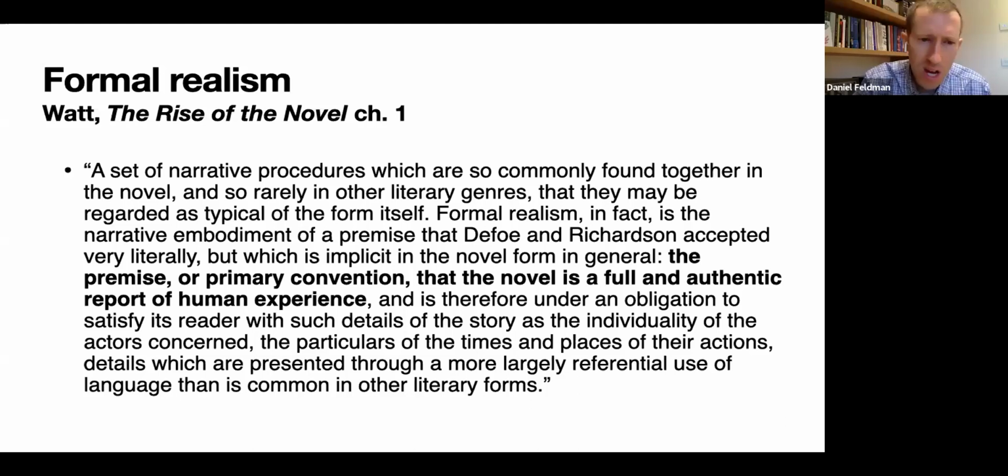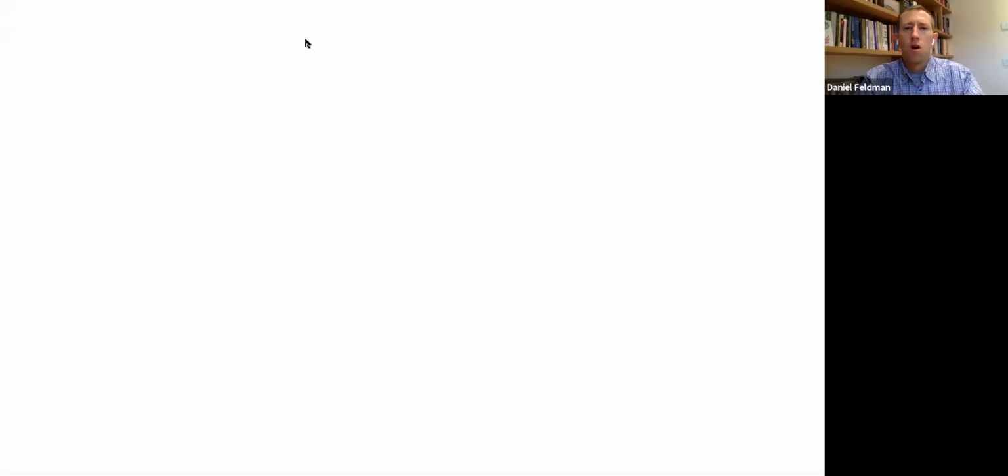And at the end of this quotation, details which are presented through a more largely referential use of language than is common in other literary forms. Not metaphorical, but referential, referring to specific times and places, referring to specific events, dates, and occasions, incidents.